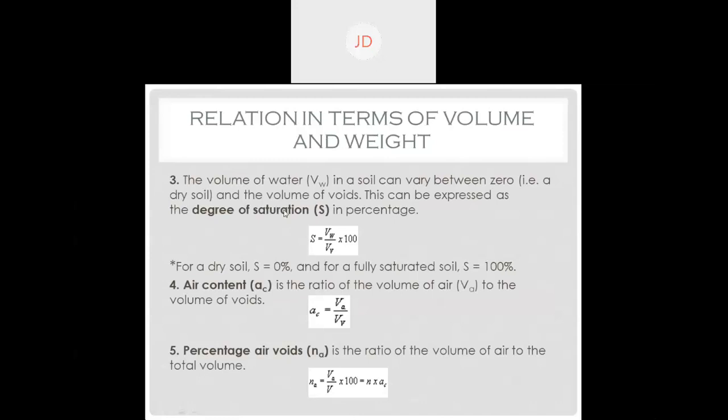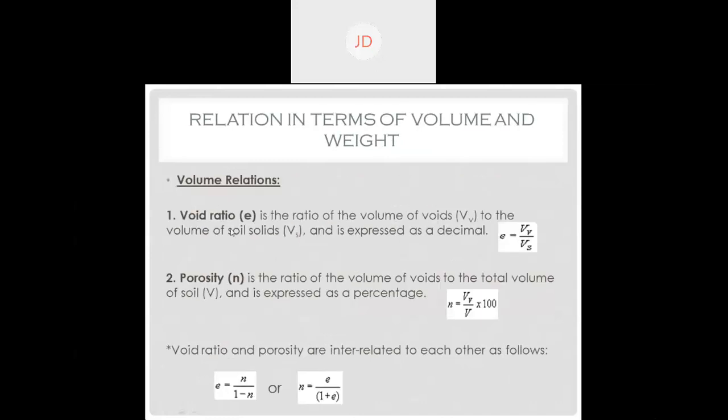So let's discuss a little bit about this. What do you mean by void ratio? Here you can see the void ratio. It is the ratio of the volume of void to the volume of soil solid.